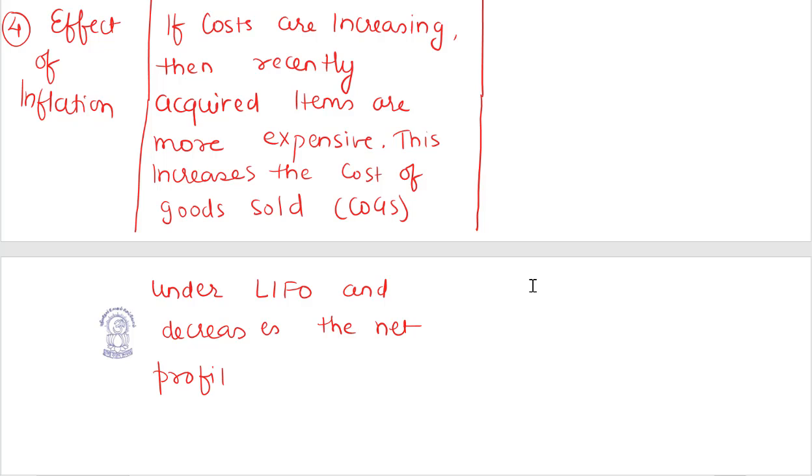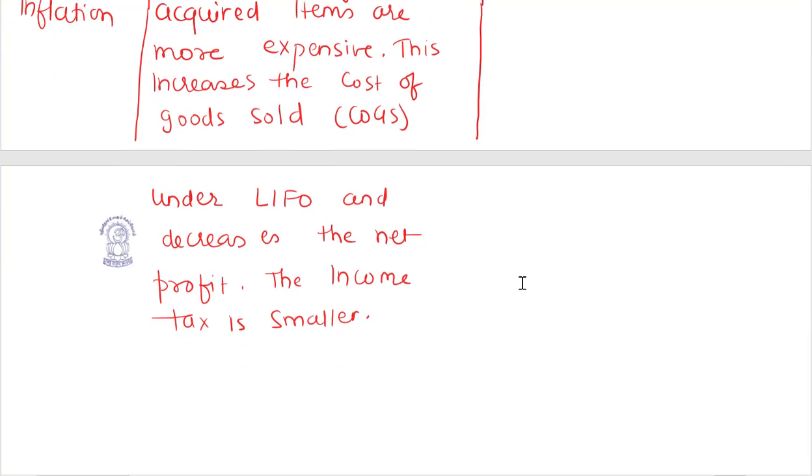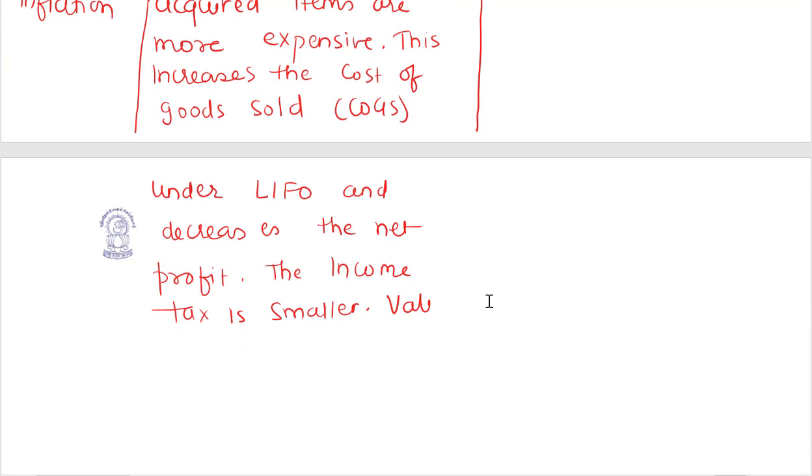Over here, income tax is smaller. Value of unsold inventory is lower. Let us stretch these lines.